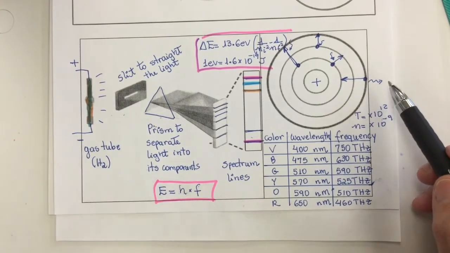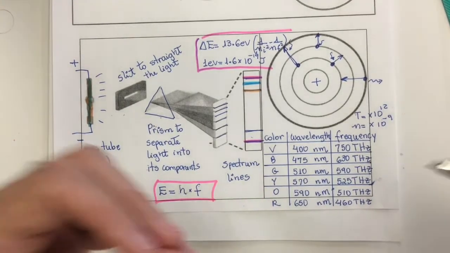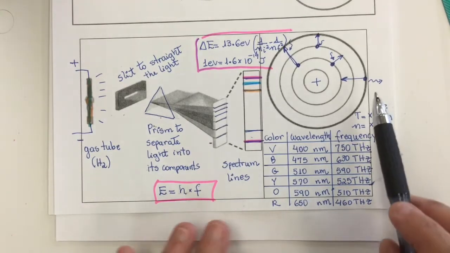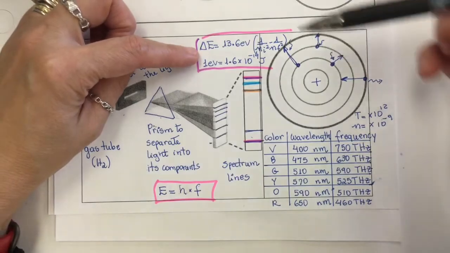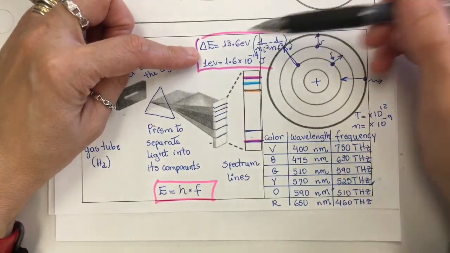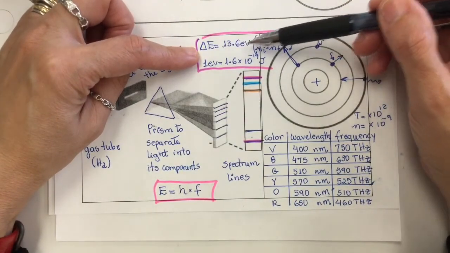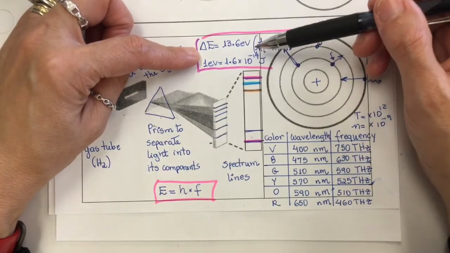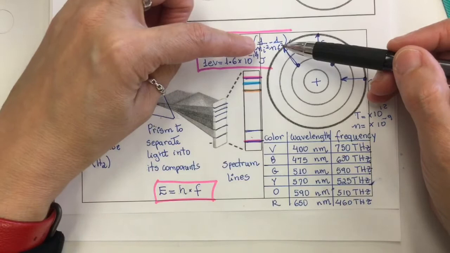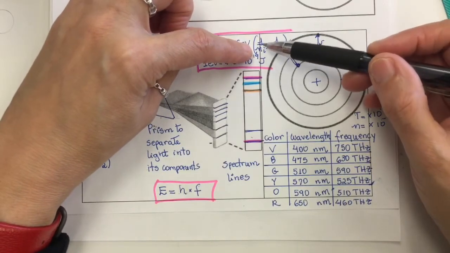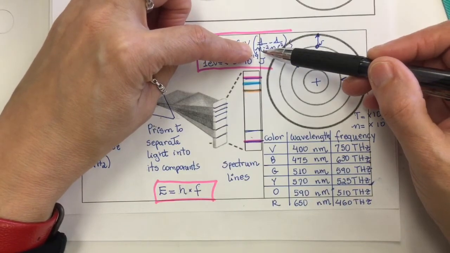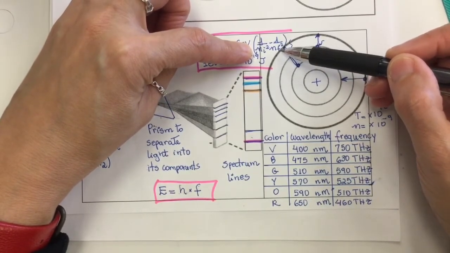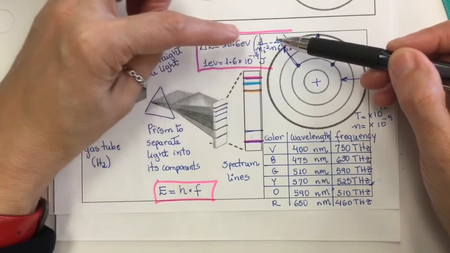energy, and that energy is translated into a specific color, because that energy is given by this formula: 13.6 eV, where eV is electronvolt, a unit for energy, multiplied by the fraction of the inverse of the initial orbit squared minus the inverse of the final orbit squared.